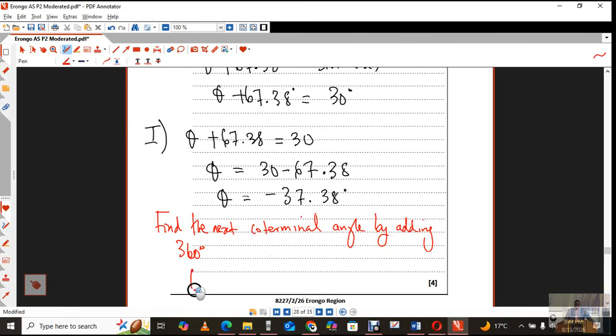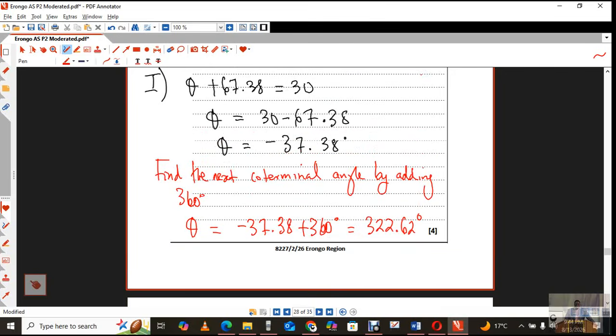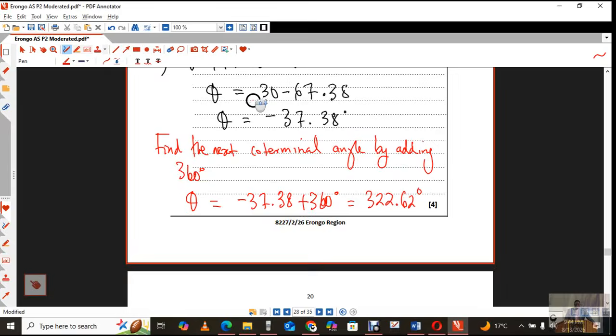So in a nutshell, theta will equal this negative 37.38. I'm going to add 360 degrees, and if I do that, I'm going to get 322.62 degrees, which is within our domain. Then I'm going to explain what coterminal is in a minute.